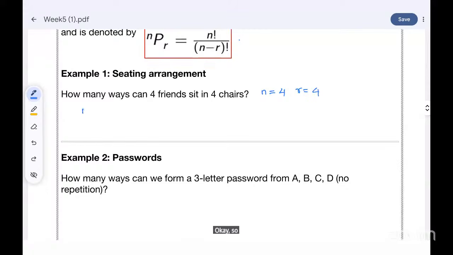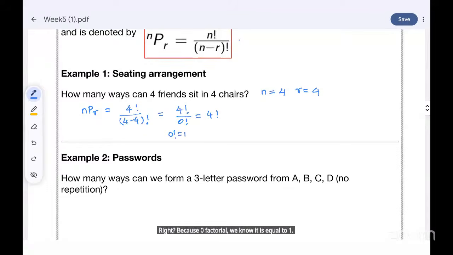So in this case, your nPr is 4 factorial by 4 minus 4 factorial, which is 4 factorial by 0 factorial, and 0 factorial we know is equal to 1. So it is simply 4 factorial, which is 24.